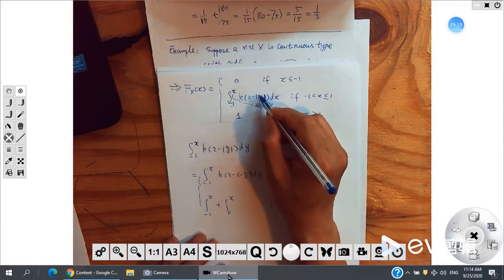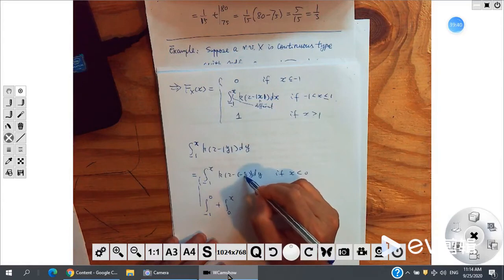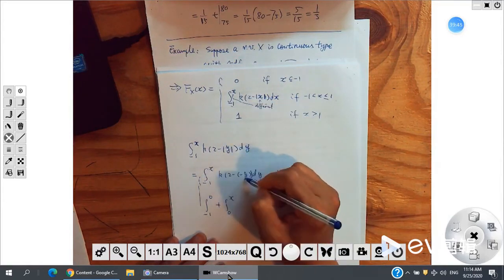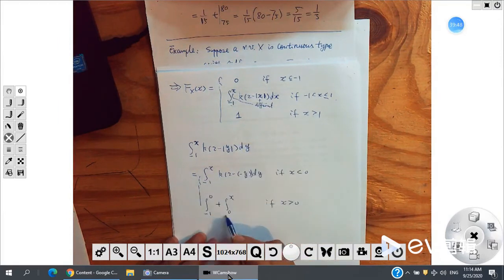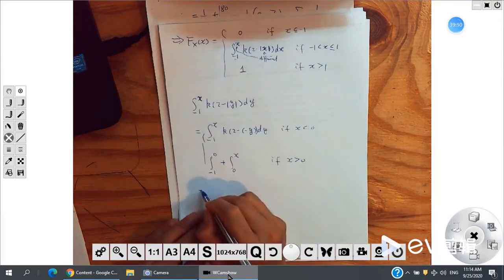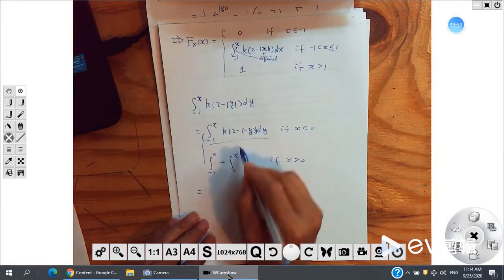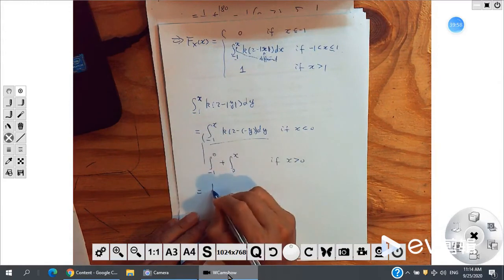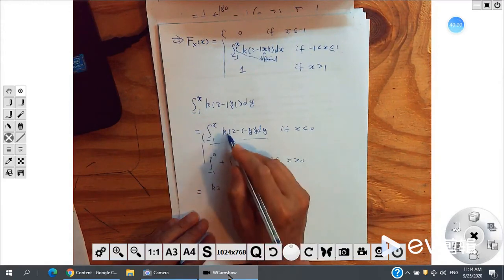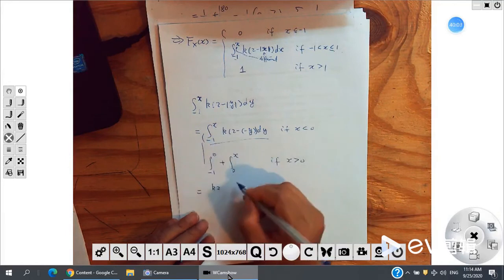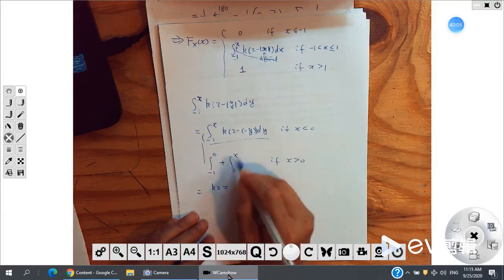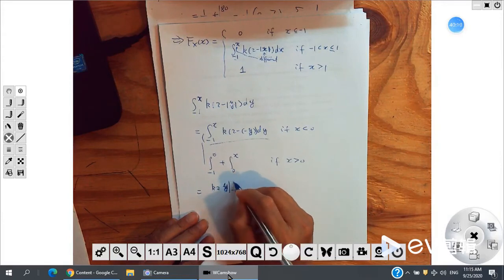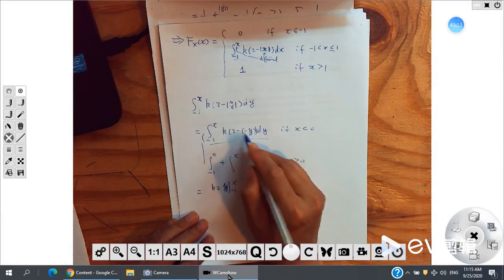For negative y here, the absolute value will be negative y. For positive y or x, it should be positive. So I separate it like this. Okay, this first part is k times the integral of 2, so you get just y, with y running from negative 1 to x, and then plus ky.